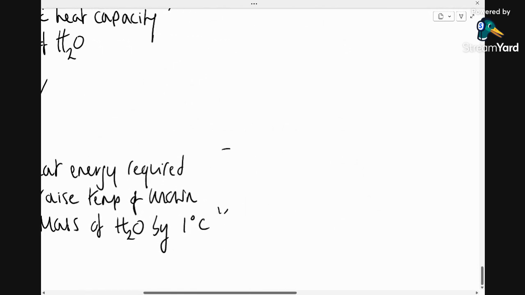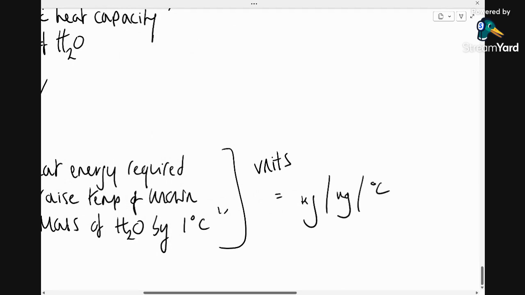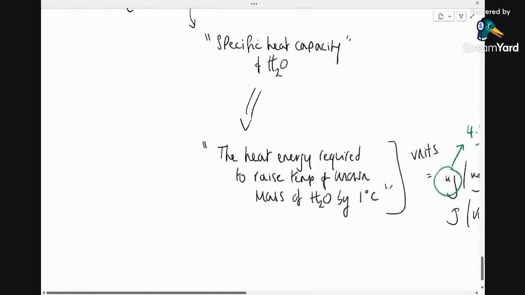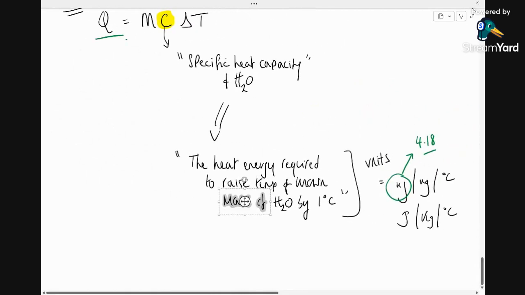The units are typically kilojoules per kilogram per degree C. You may see it as joules per kilogram per degree C as well. It depends what the number is, but typically you were given somewhere in the region of 4.18 as your value when you did this last year for calculating energy changes when you were burning food.